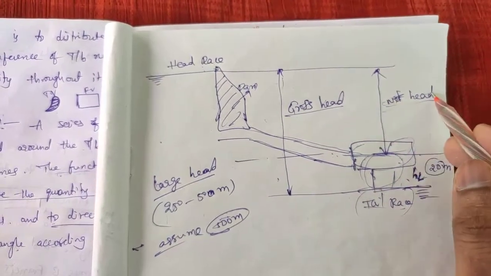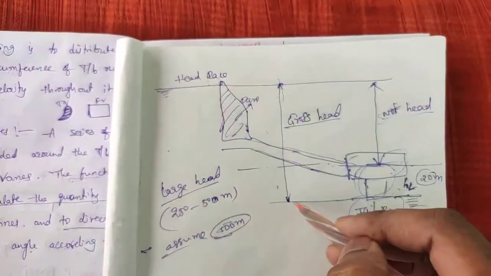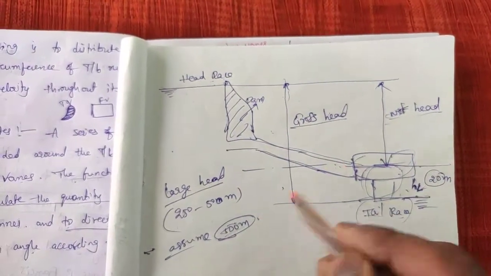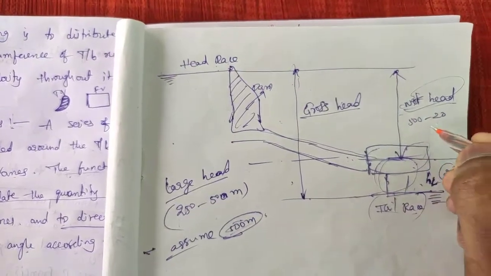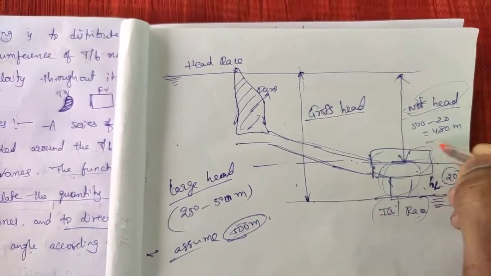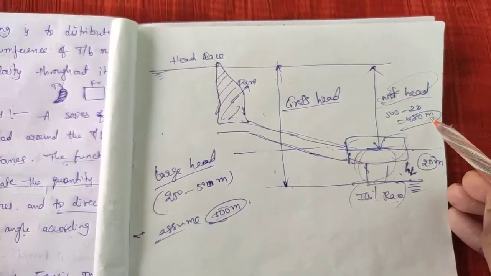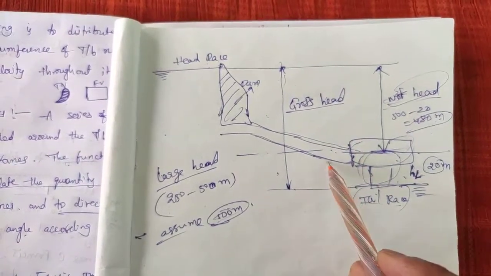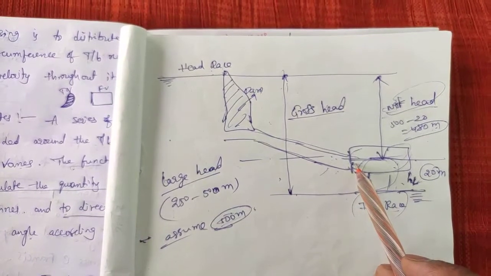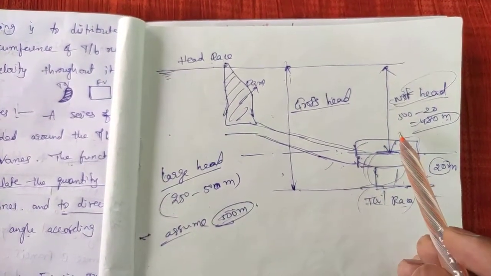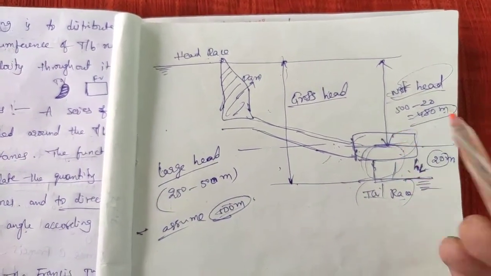So what is the net head? Total gross head is 500 meters. Net head is 500 minus 20, which equals 480 meters. This 480 meters head is enough to produce the kinetic energy in the nozzle, and this kinetic energy is converted into mechanical energy through the Pelton turbine.